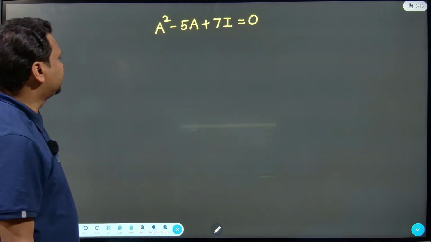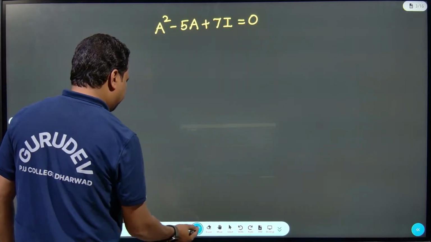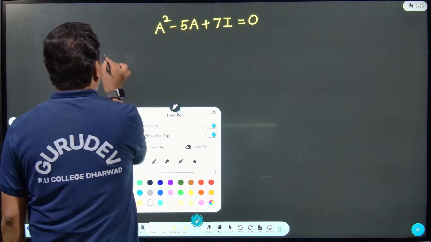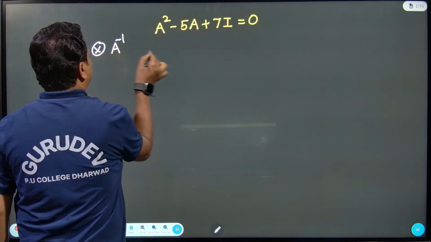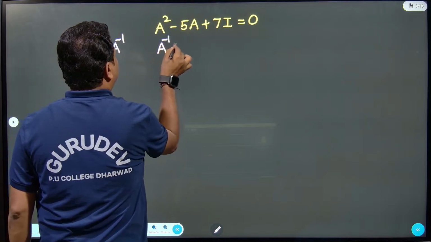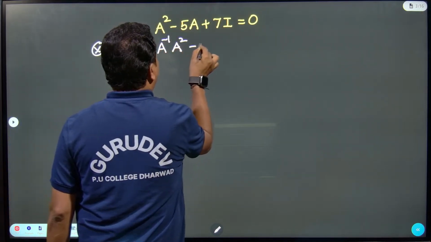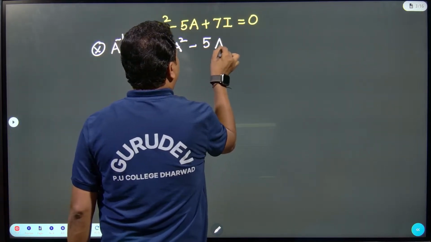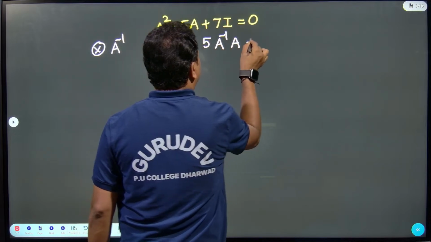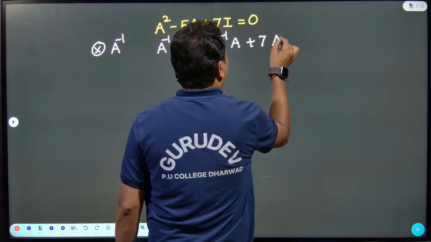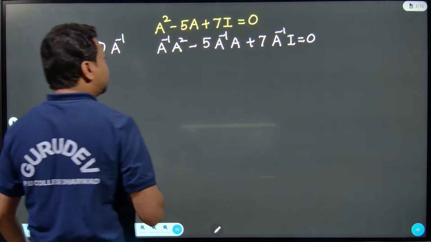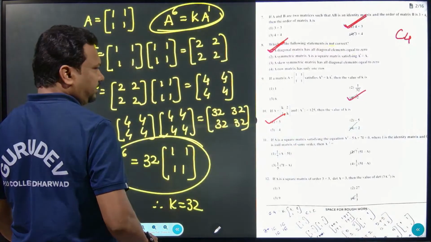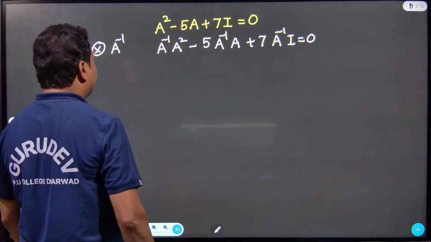They are asking A inverse. So what I will do, I will just multiply this equation by A inverse. So what we get, A inverse into A square minus 5 times of A inverse into A plus 7 times of A inverse into I must be equal to 0. This is plus 7I, right? Plus 7I, correct.